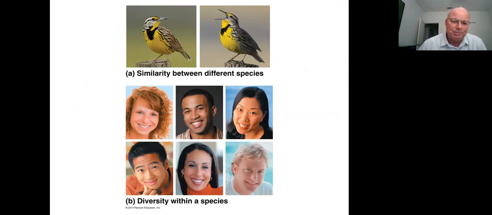And these are two great examples. So the bottom one I'll talk about first, that's us, of course. There are a wide variety of morphs, physical appearances that we can identify in humans. Number of different populations on the basis of physical appearance.